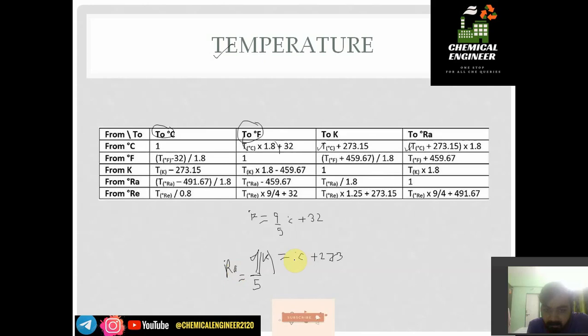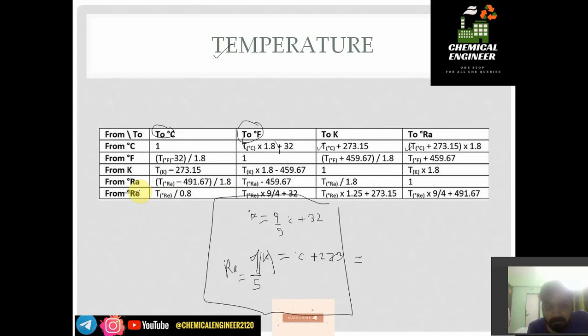Then we have degree Celsius; Fahrenheit we already have directly. So you should remember these 4 equations directly. You will get all those equations in the table. We haven't studied this one, so we don't look at it here.